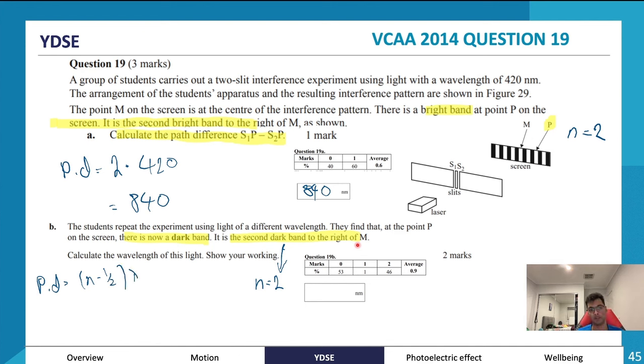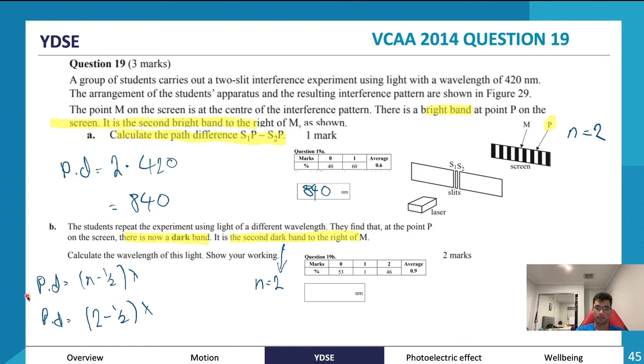We know n is equal to 2. So PD is equal to (2 minus a half) times the wavelength.